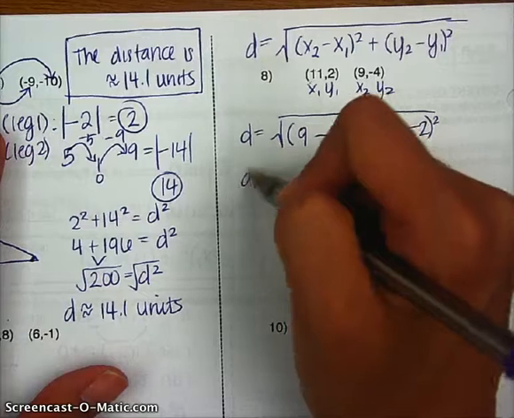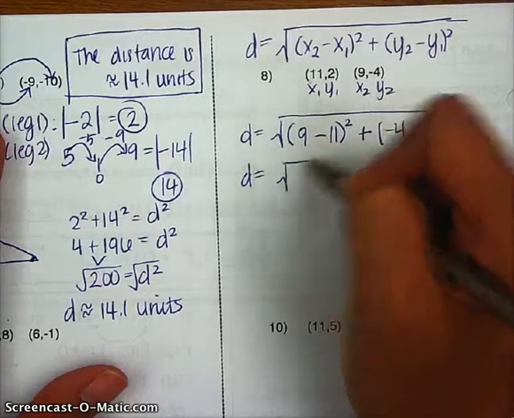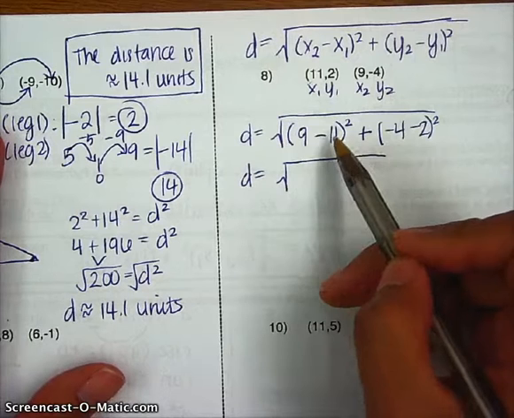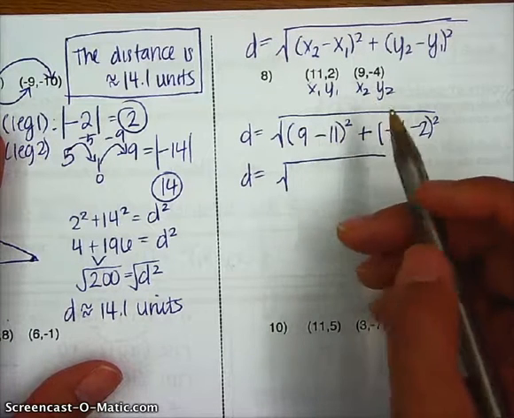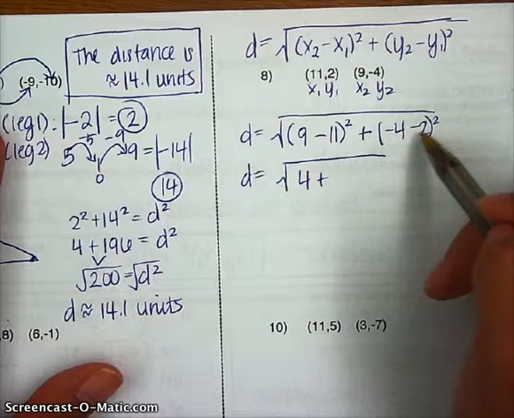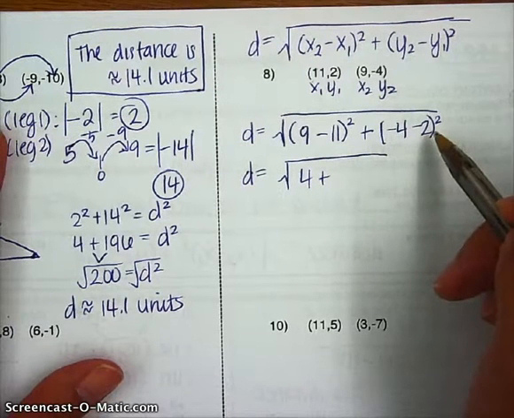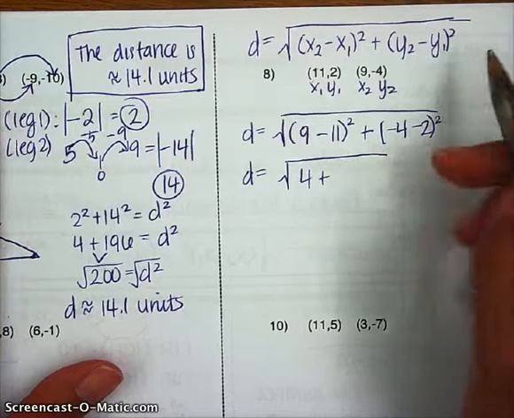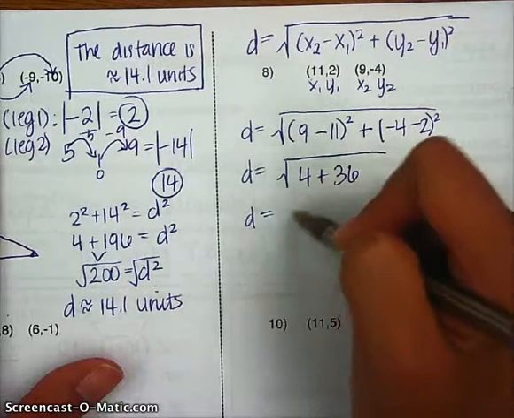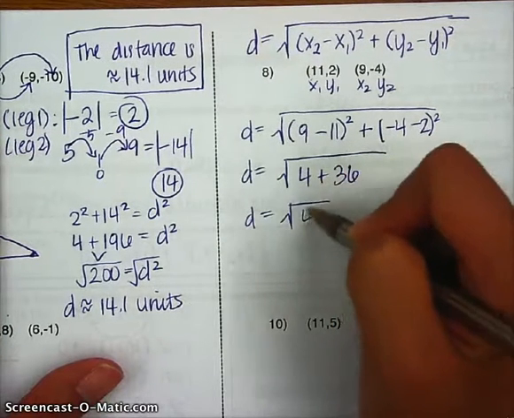So now I'm left with d equals the square root of 9 minus 11 is negative 2. Negative 2 squared is 4. Negative 4 minus 2 is negative 6. Negative 6 squared is 36. So I'm left with d equals the square root of 40.